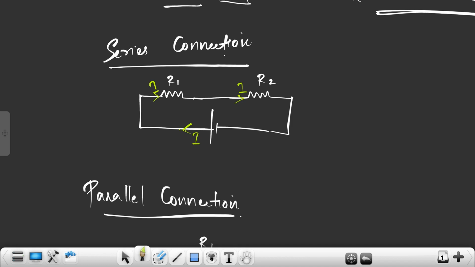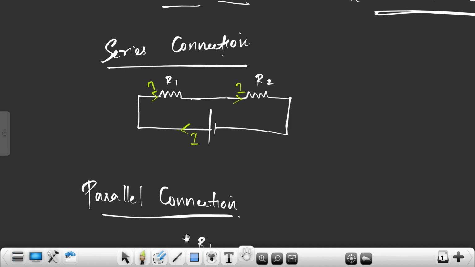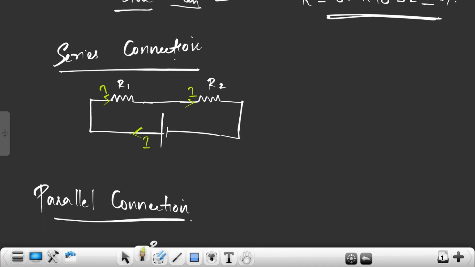That means from the figure itself we can say that the same current passes through both the resistors. So remember this point, in a series circuit the current passing through both the resistors is the same. I is same.